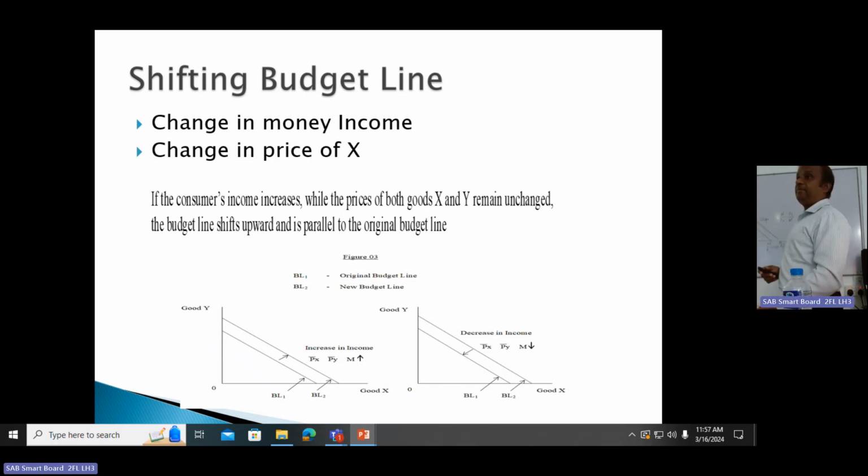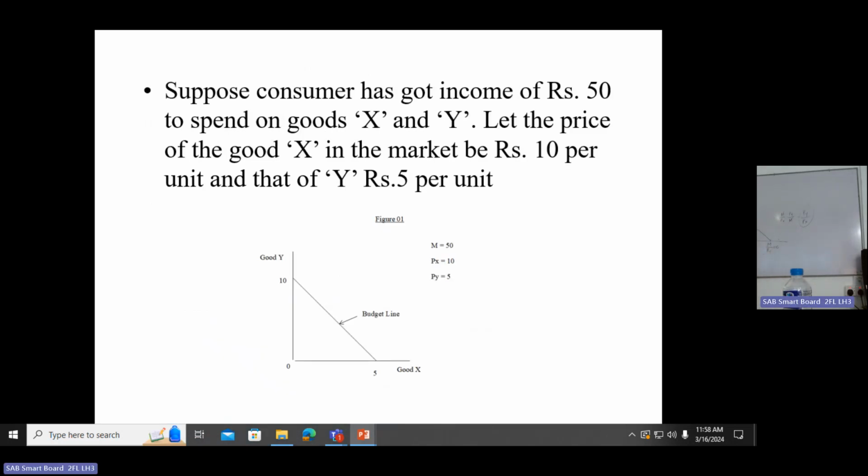And the other one is changing prices, right? What happened? Either the price of product X or the price of product Y changes. If there is a change in the price of product Y, what happens? Now the price of product Y decreases from Py1 to Py2, right? There is a decline in the price.